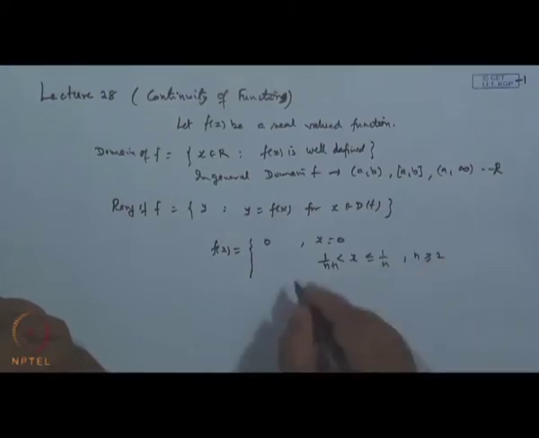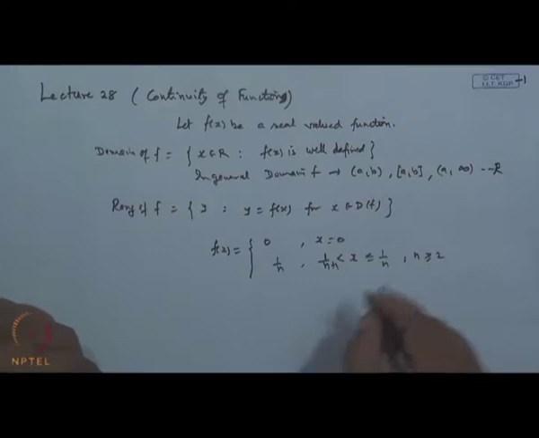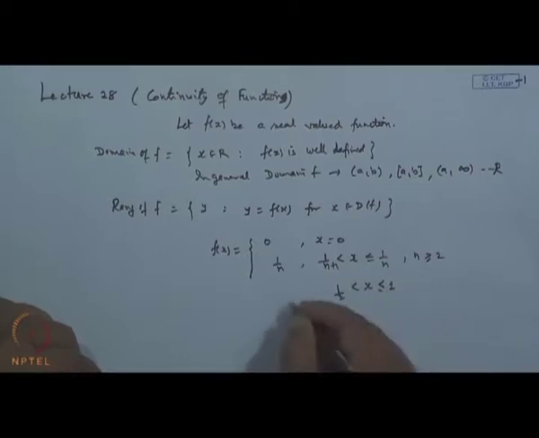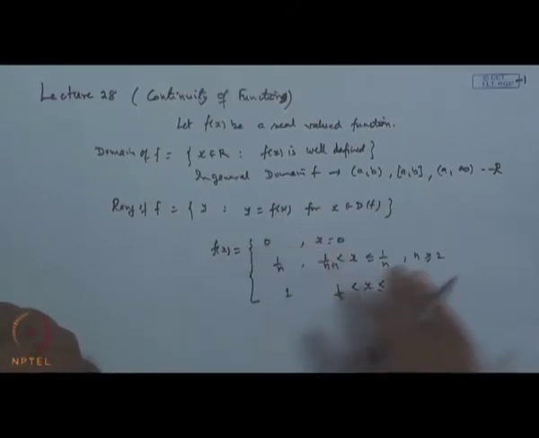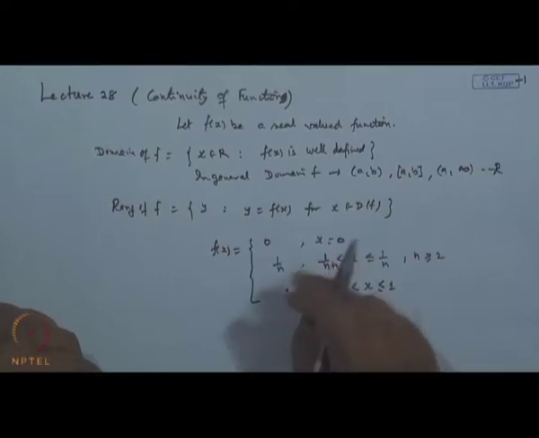So, in the interval 1/2 less than x less than or equal to 1, the function is defined as 1. This is also a way of defining a function, where the domain of definition is from 0 to 1, but it is not the same function.